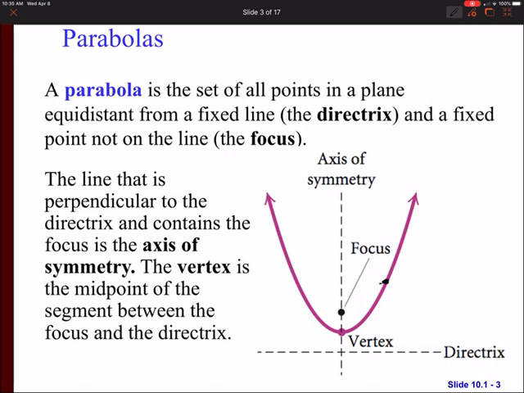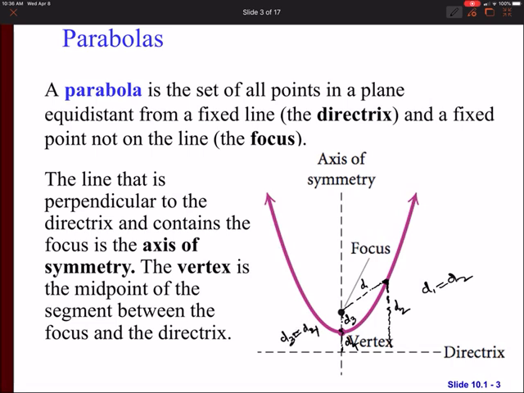If you measure the distance to the focus, it's equal to the distance to the directrix. So if that was D1 and this is D2, D1 is equal to D2. Any point, and of course the vertex to the directrix and vertex to the focus, they're the same distances. If that was D3 and this was D4, D3 equals D4.